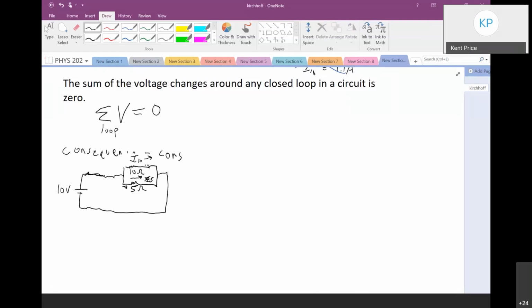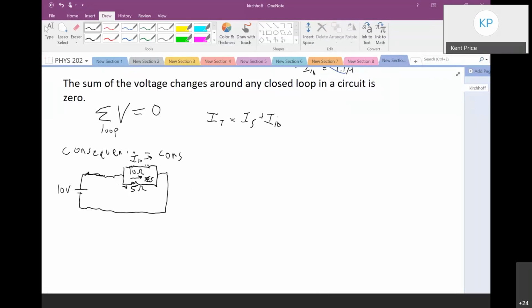We already have the equation from the junction rule: I total is equal to I5 plus I10. That's the one I put a big rectangle around, and I said that as long as you got that, you were good. So let's keep that.